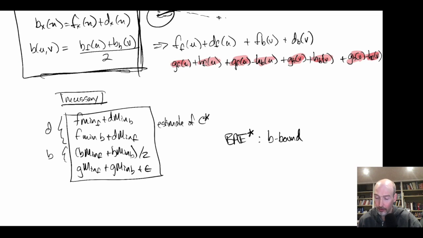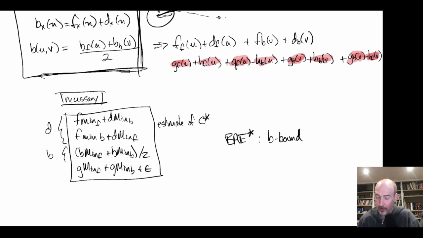And in particular, when I think about a particular state, I have an exact F min, and things like D min in the other direction can be computed efficiently. B min in each direction can be computed efficiently. G min in the backwards direction as well. So for any given state, I can use these estimates along with a single state in the other direction to make it much less expensive to actually do the search.